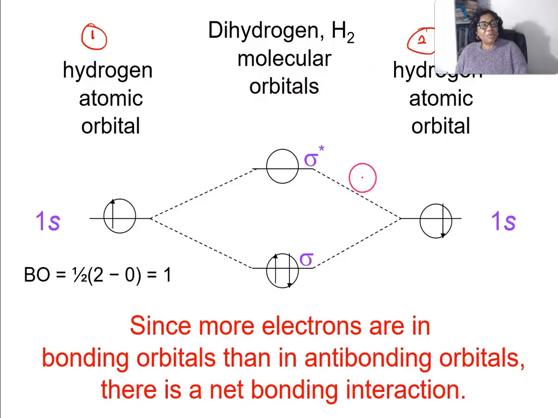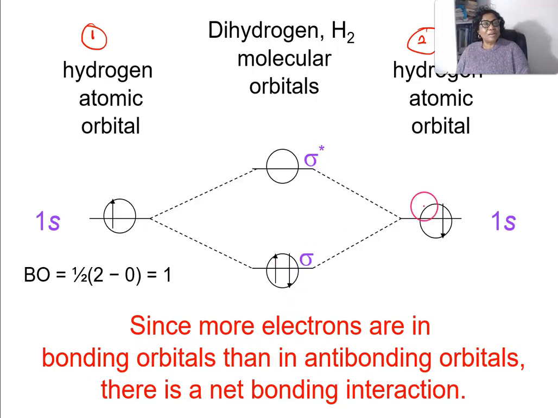When they combine to form the hydrogen molecule, they form 2 orbitals because they are using s orbitals. You have the sigma bonding molecular orbital, because this is the molecule, and the anti-bonding molecular orbital, which has a star.